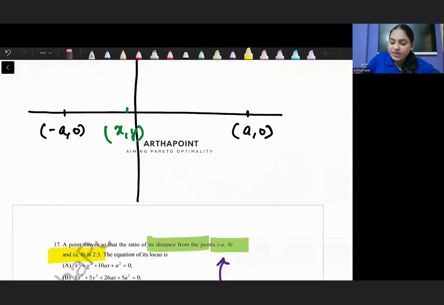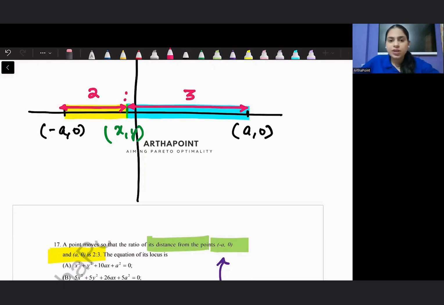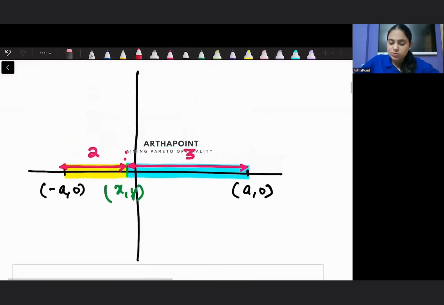Now when I find the distance of this to this, that is 2:3. So this distance is to this distance, that is 2:3. So just try to find this distance out.